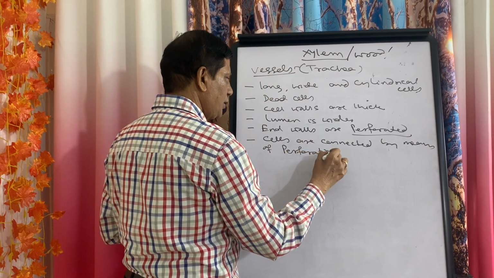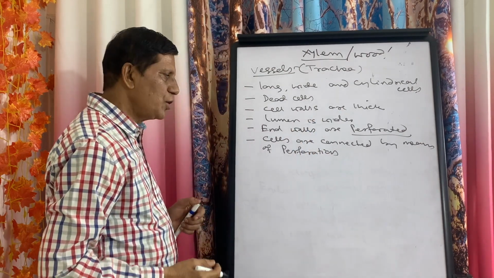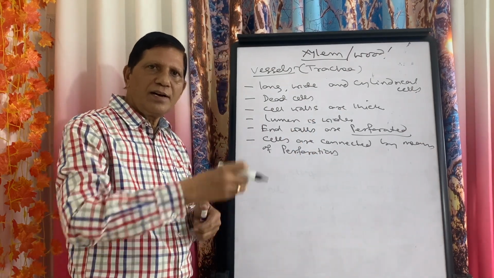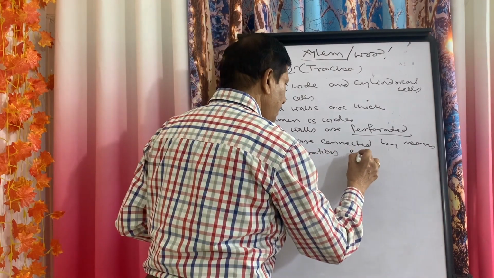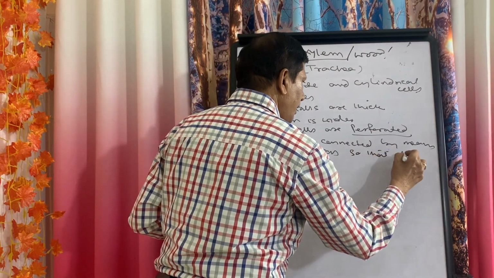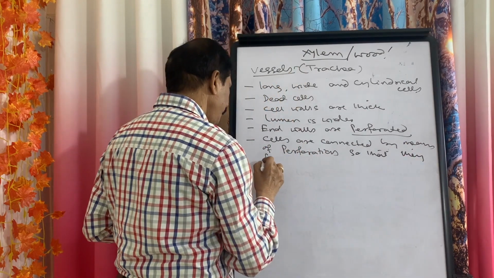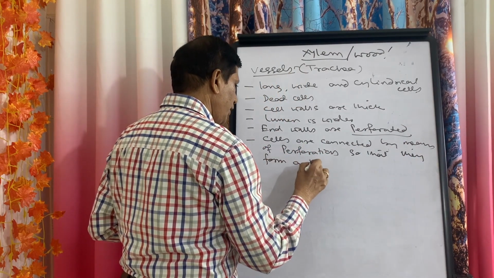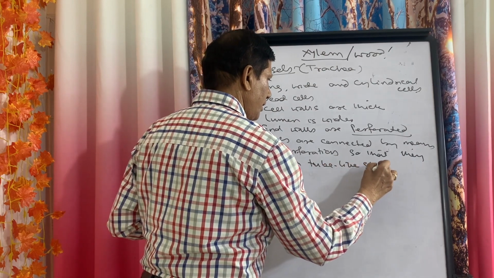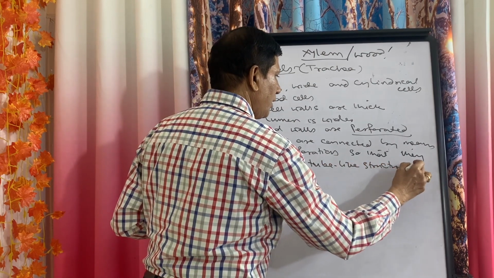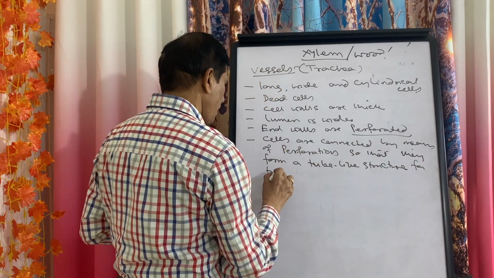Through these perforations, one is connected with another, so that they form a tube-like structure inside the plant body for transport of water.